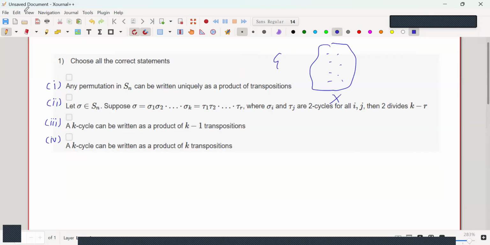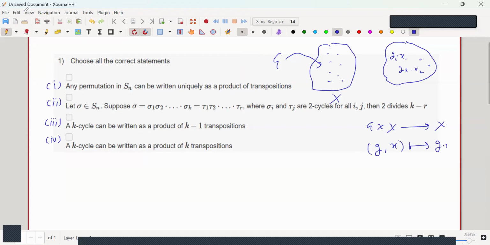So what G is doing, G is acting on it, means G is just doing some shuffling and making the elements X into G1 X1, G2 X2, and so on, right? So it's like shuffling of these elements into some others, which again lie in this set. That's what the map says: you have X, you have some G, and the resultant is just G dot X, which is again inside X.